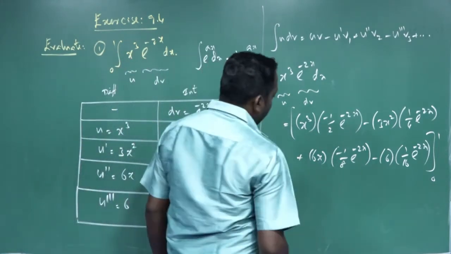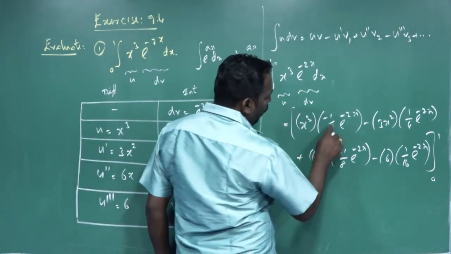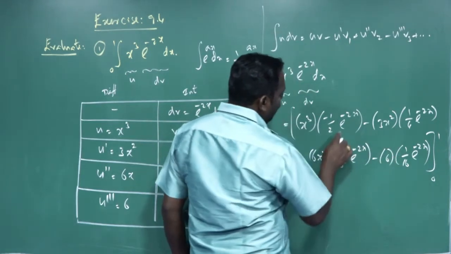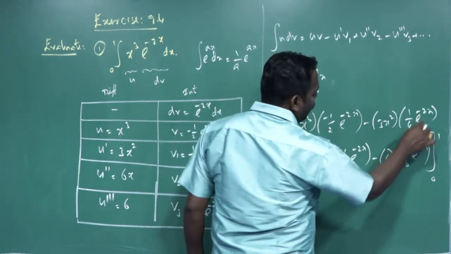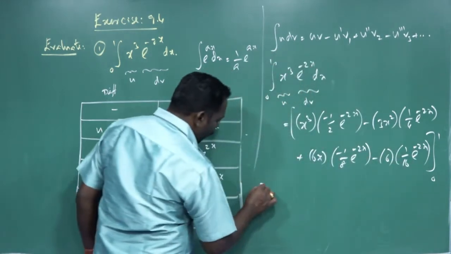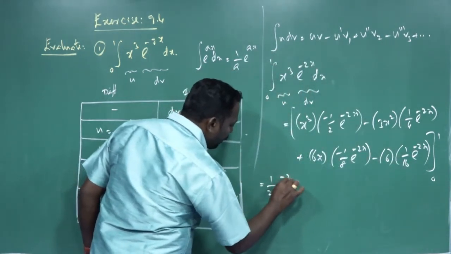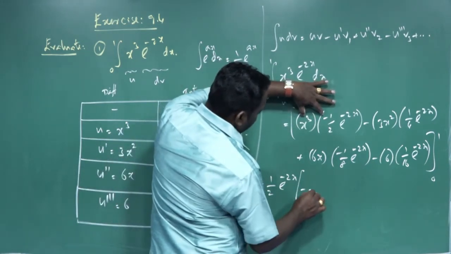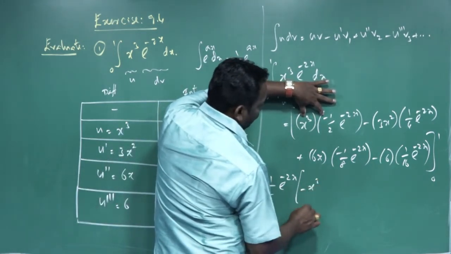Now, simplification. In all the terms, 1 by 2, 1 by 2, 1 by 2 is common, and e power minus 2x is common. Therefore, we can take 1 by 2 into e power minus 2x commonly. The first term is minus x power 3.